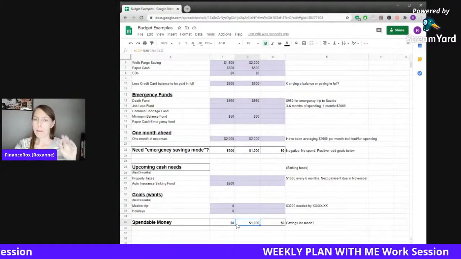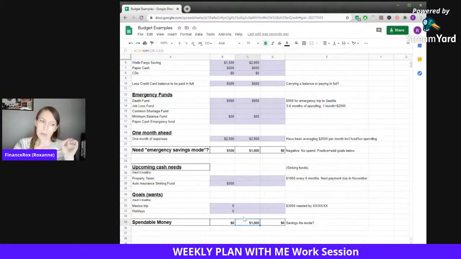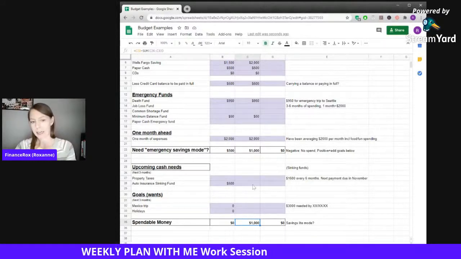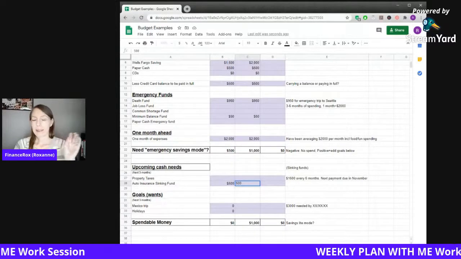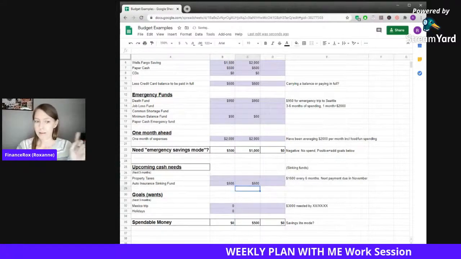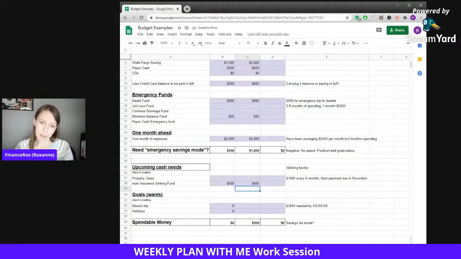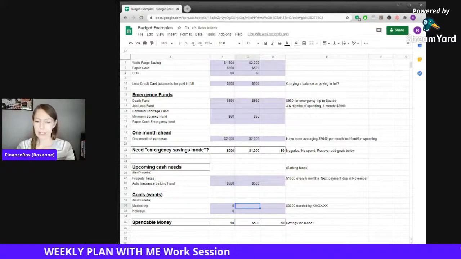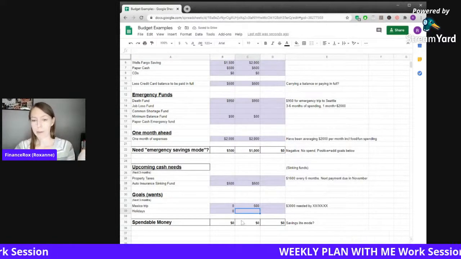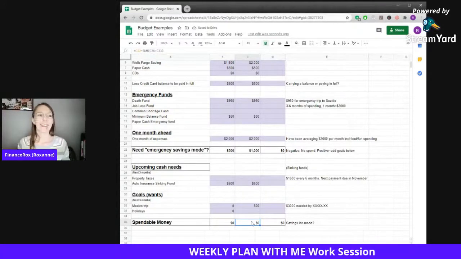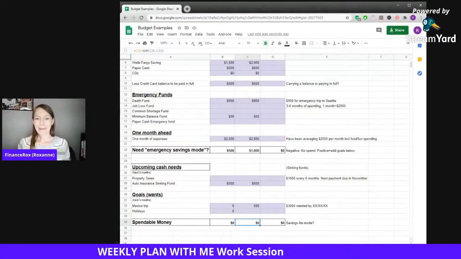And then you can do a second pass and say, this is how much money I actually have saved for each of these things. So you might say, I'm going to set aside 500 of that for my upcoming auto insurance, and 500 aside for my upcoming Mexico trip. And then voila, zero at the bottom.